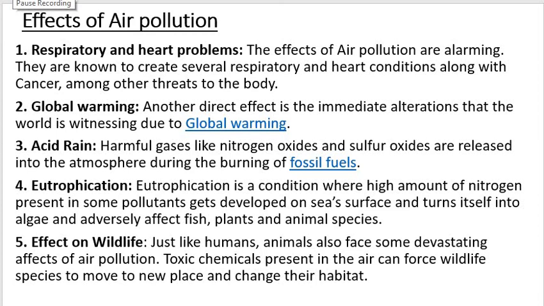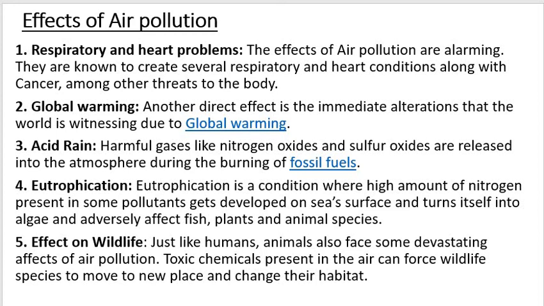Several millions are known to have died due to direct or indirect effects of air pollution. Children in the areas exposed to air pollutants are said to commonly suffer from pneumonia and asthma.